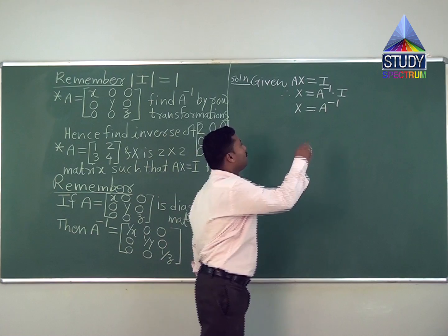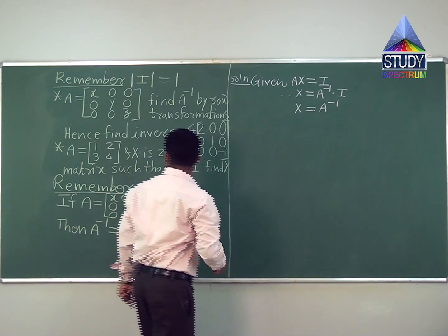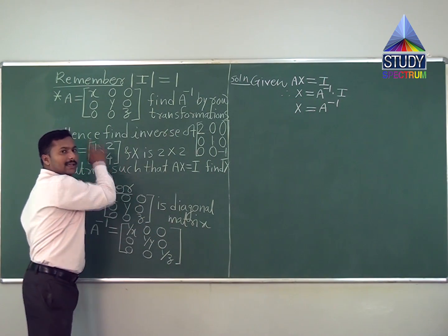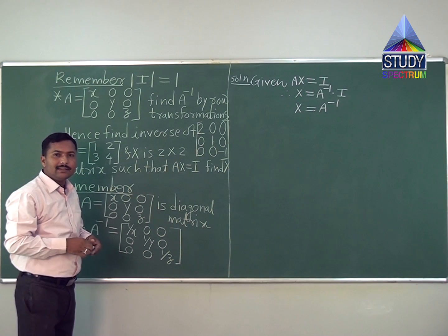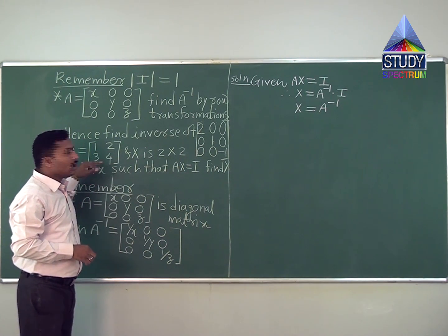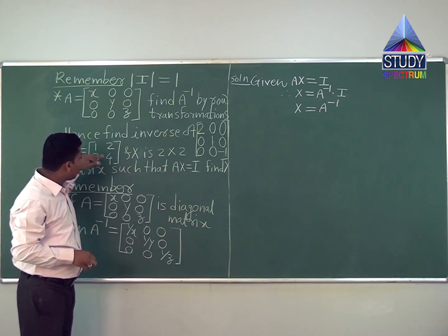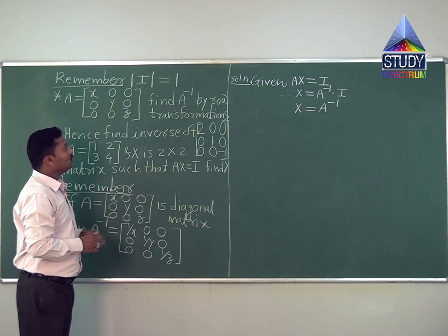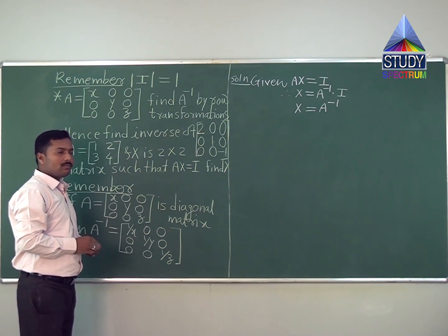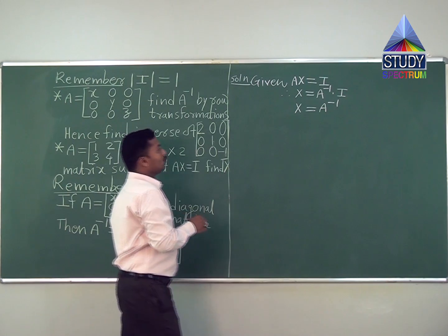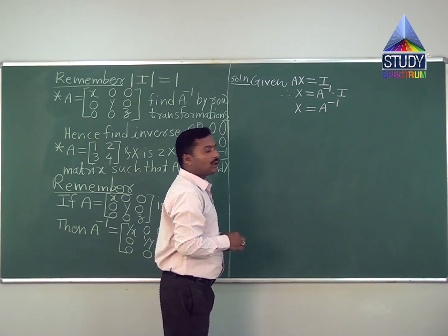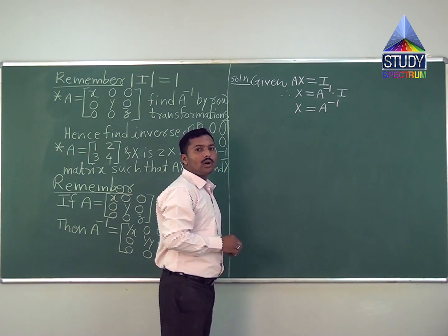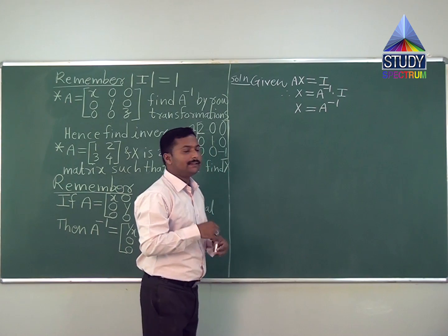We can find the A inverse of this given matrix A by using the inverse method or adjoint method. We can also use the row transformation method, but we always use the adjoint method because it is very easy.